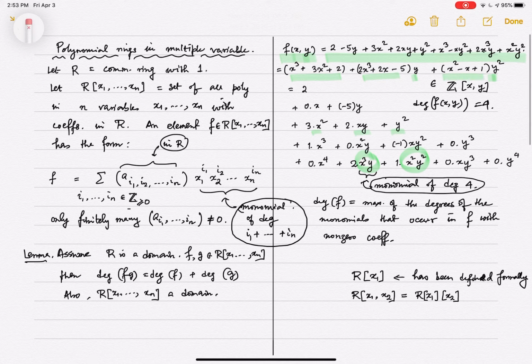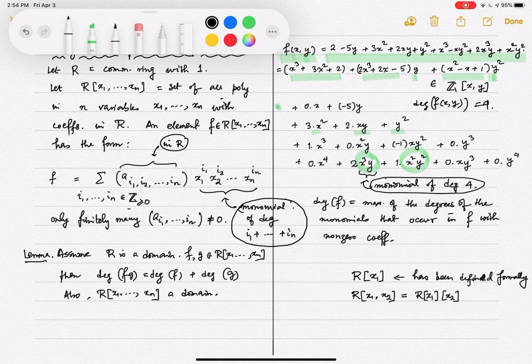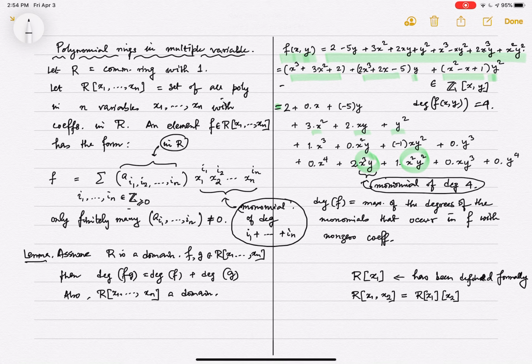This is f0(x) plus f1(x) times y plus f2(x) times y squared, where f0(x) is this thing, f1(x) is that thing, and f2(x) is that thing.